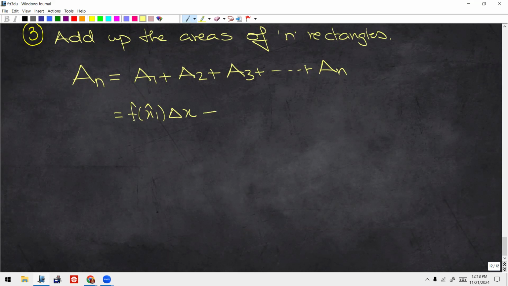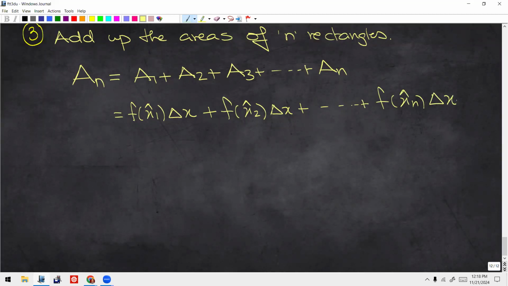What is the area of the next one then? f of x hat sub 2 times delta x, plus all the way up to n, which would be f of x hat sub n times delta x. Correct? Is that going to give me the right area? No, it gives me a good approximation. So this is an approximate area, but is it the right area?